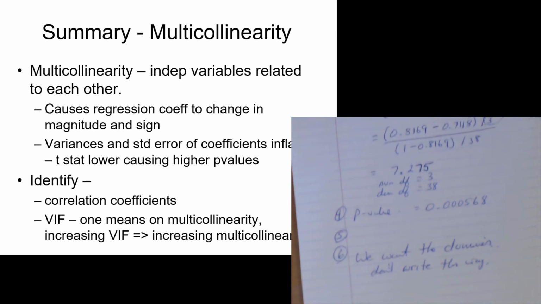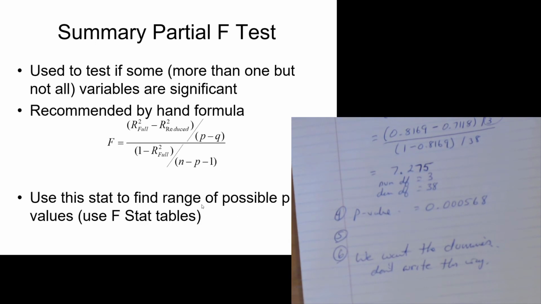We have 2 ways to identify that: correlation coefficients, variance inflation factors. Partial F, right? We get to use it to test more than one, but not all the variables. And again, there's nothing special about the ones we take out. Usually there's a reason that they're bunched because we're testing a question that they're common to, but it's not restricted just to that.